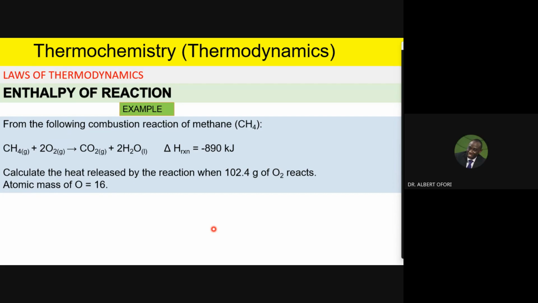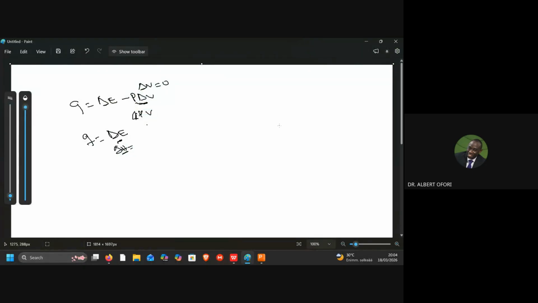Okay. So remember these details. So let's go to my whiteboard. Okay, where's my whiteboard? Okay, so let me rule a line. So, mass of oxygen, then the equation to get that.